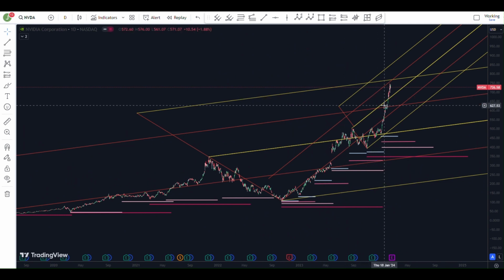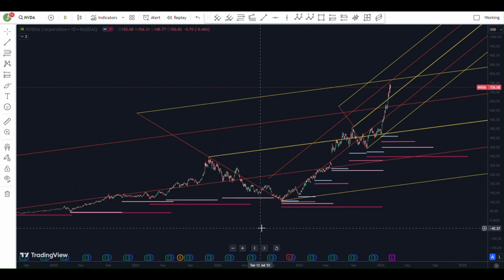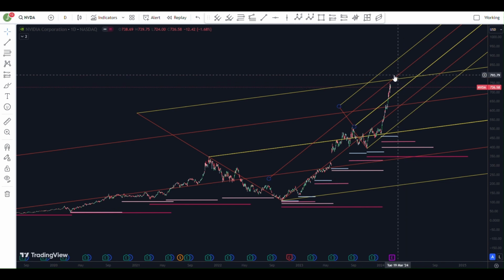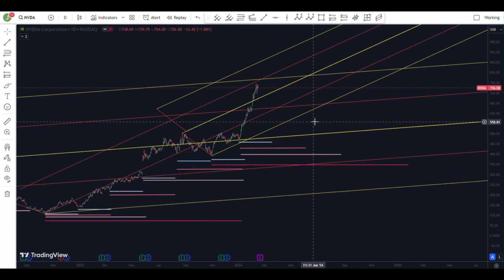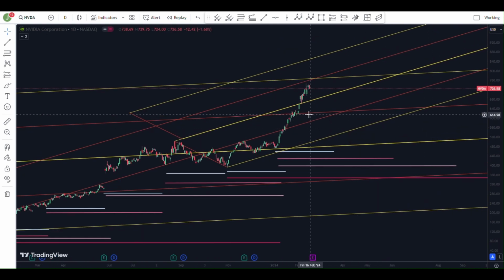We've broken out of that, and there is no good median line set to put on here to find the next potential area of resistance. So what you can do is you can clone it, which is exactly what I did, and then you can overlay the lower warning line of the cloned copy with the upper warning line of the original, and you can see, if we zoom back in over here, this is the median line.